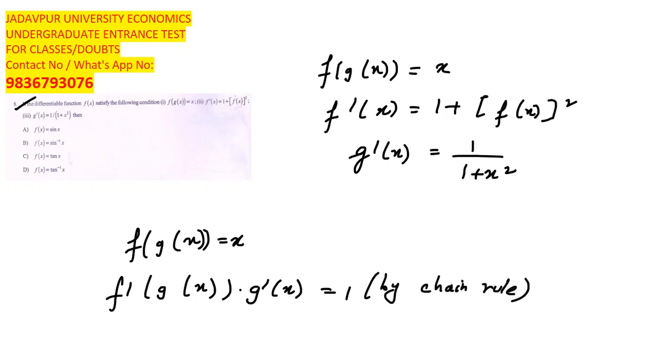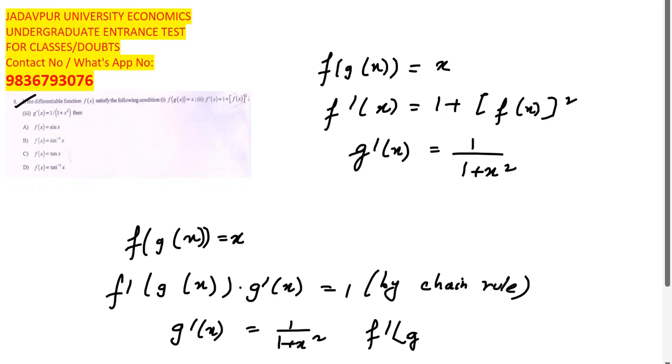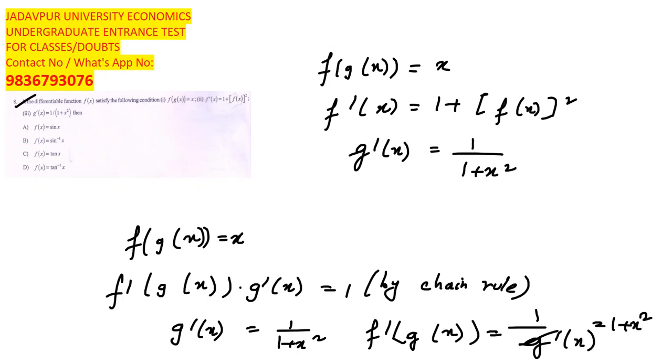Now g prime x is equal to 1 by 1 plus x square, so f prime of g x is equal to 1 by g prime x, so that is 1 plus x square. Now we will match it with what we got here.